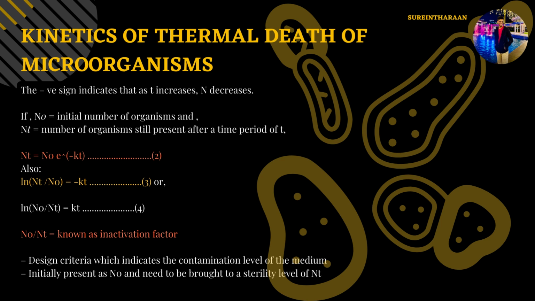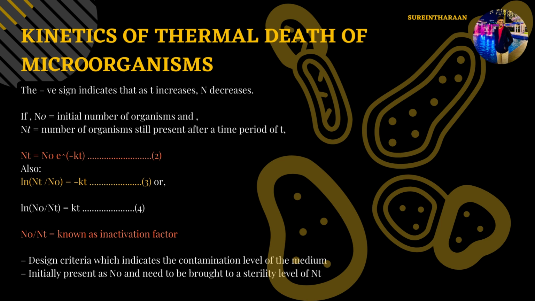If N naught equals the initial number of organisms and Nt equals the number of organisms still present after a time period of t, we can derive another equation, which is equation 2: Nt equals N naught e to the power of negative kt.